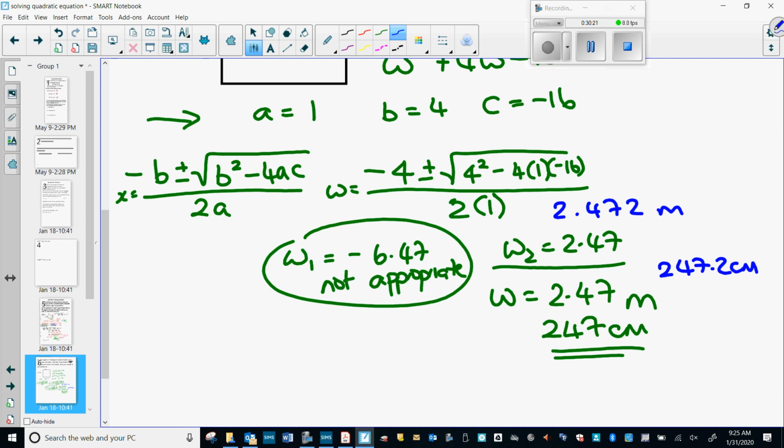So either of these two answers will be accepted, but not the 2.472. But that one's in meters though. That's fine, because it's still been rounded to the nearest centimetre, and this column here represents the centimetre. But if you feel more comfortable, then just change them to centimetres. Does that make sense?